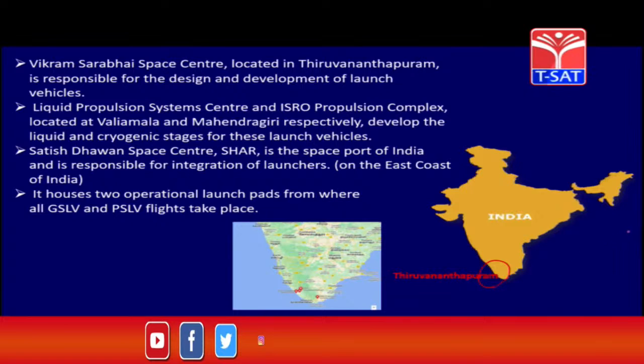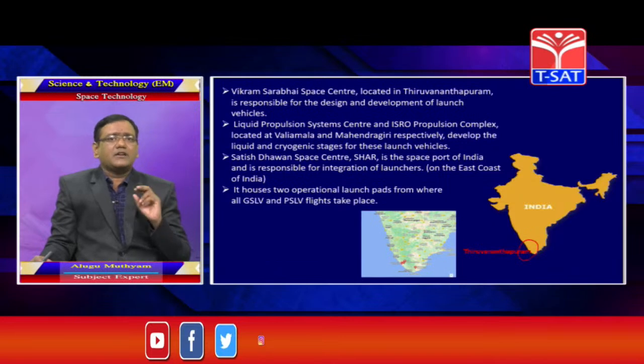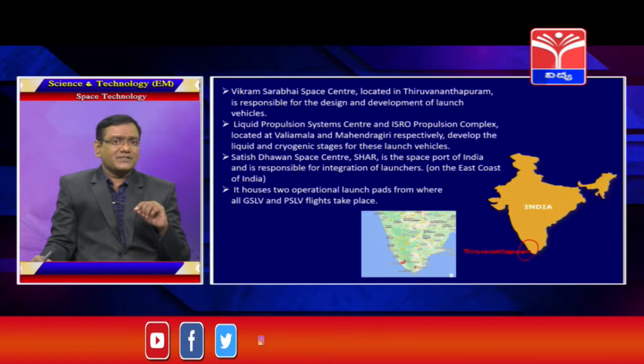These two develop the liquid and cryogenic stages for these launch vehicles. So the fuel for the launch vehicles comes from these two places: in Valiamala we have liquid propulsion systems, and in Mahendragiri we have propulsion complex systems, including the cryogenic stage.